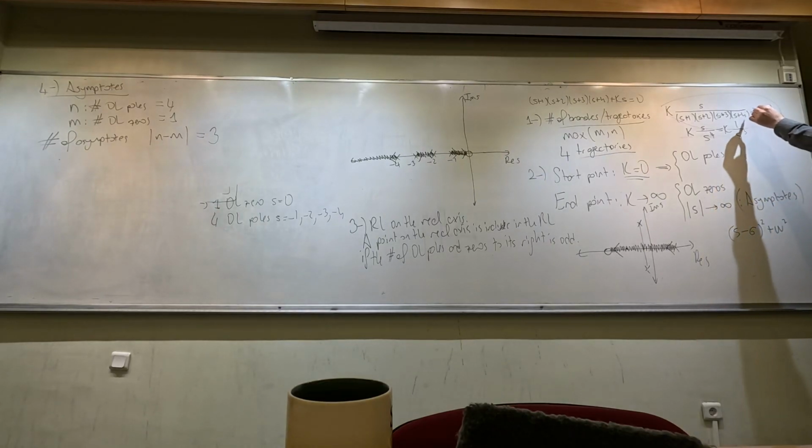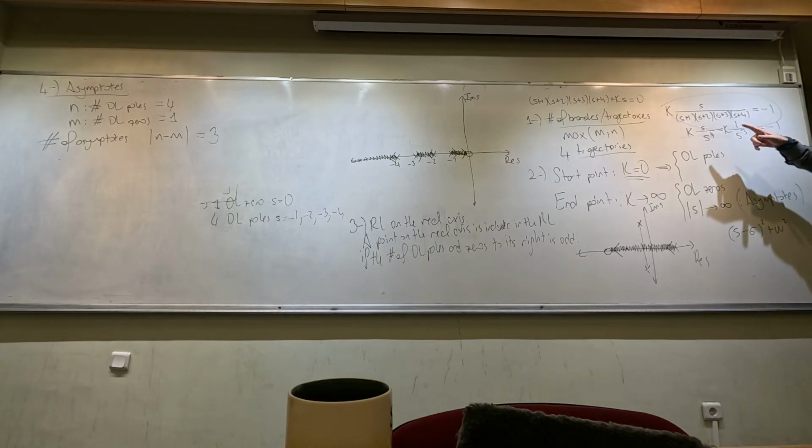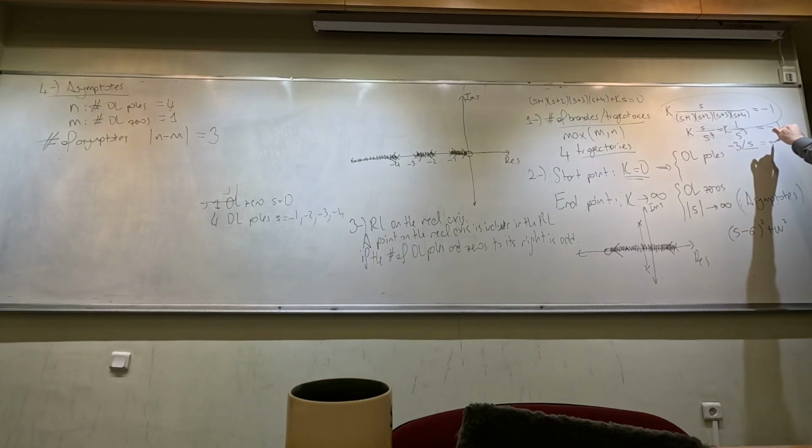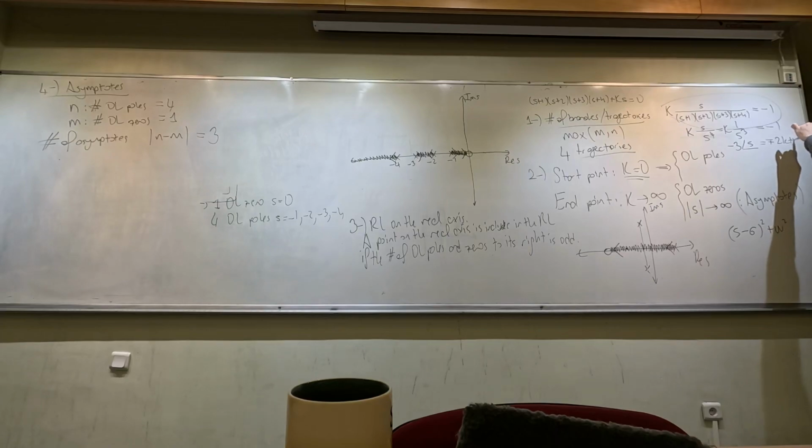Okay? And here, if I look at the angle of both sides, this is going to be minus 3 angle of s, which is plus minus (2k plus 1) times 180 degrees.